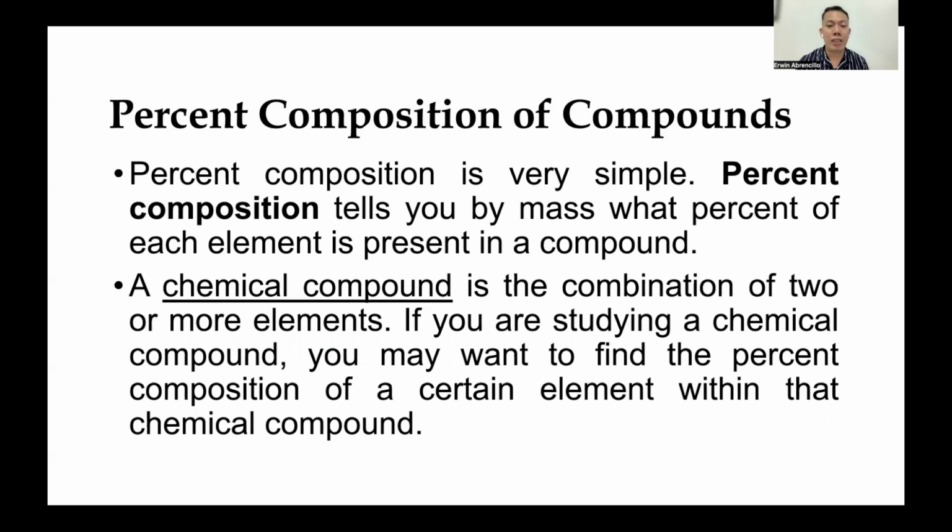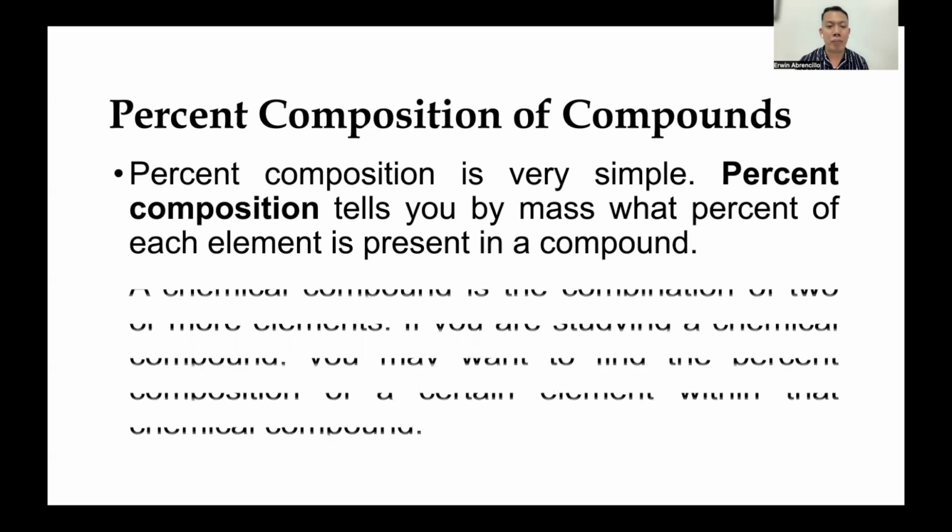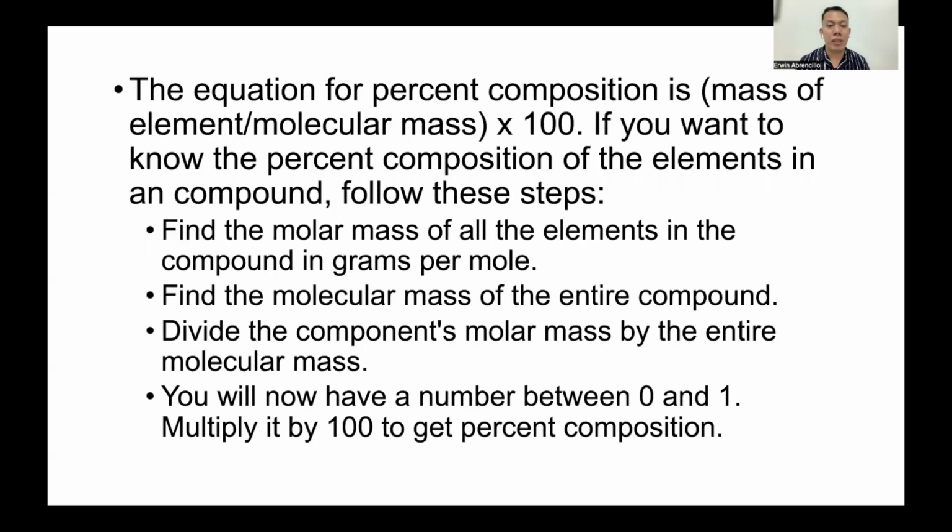If you're studying a chemical compound, you may want to find the percent composition of a certain element within that compound. For you to solve percent composition, you have to multiply by 100. That's the key there.